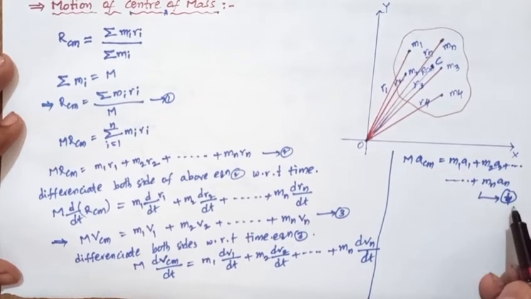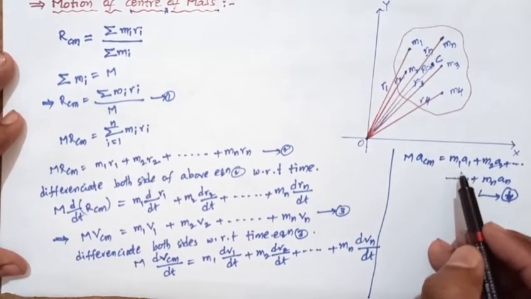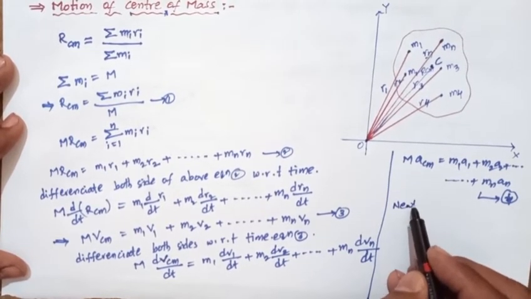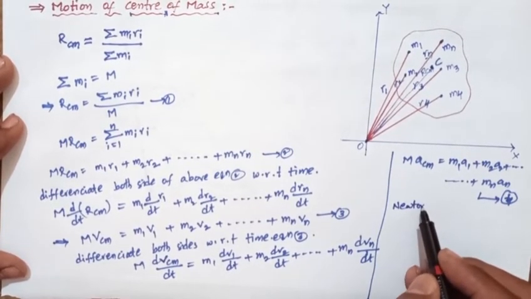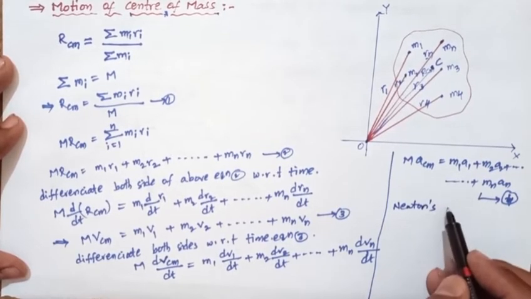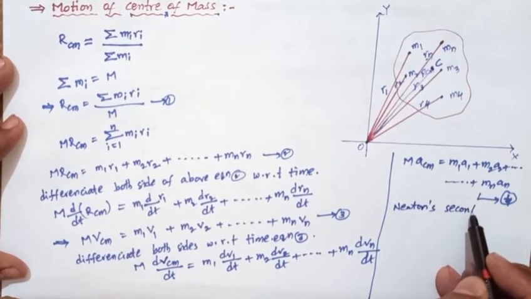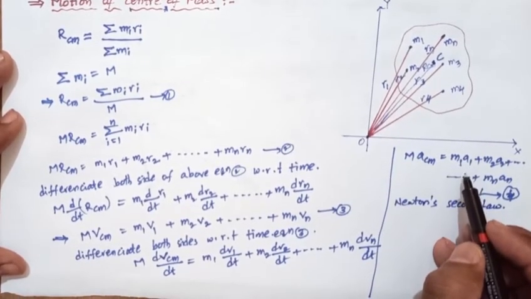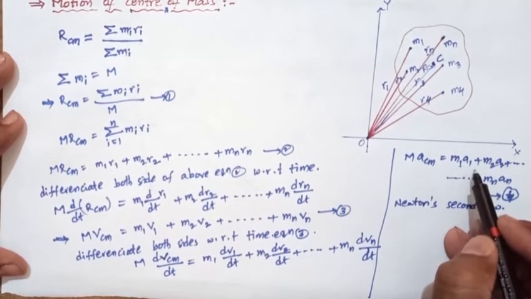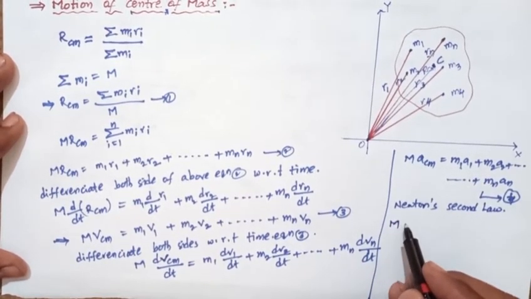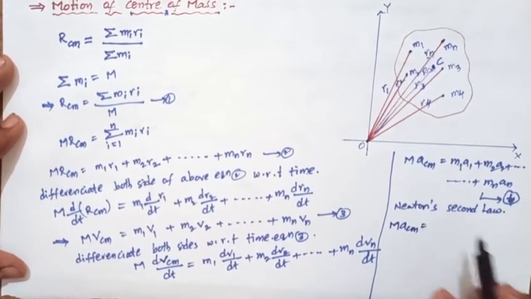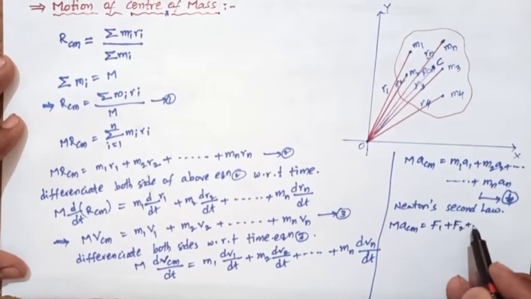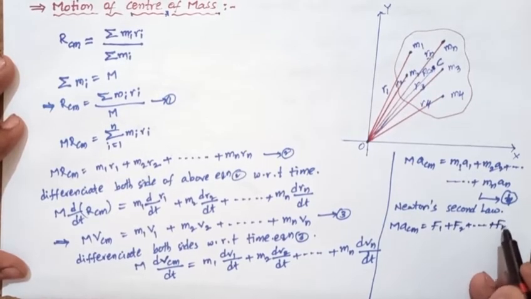From Newton's second law, the force F equals ma, so it is also written as M Acm equals F1 plus F2 plus so on Fn.